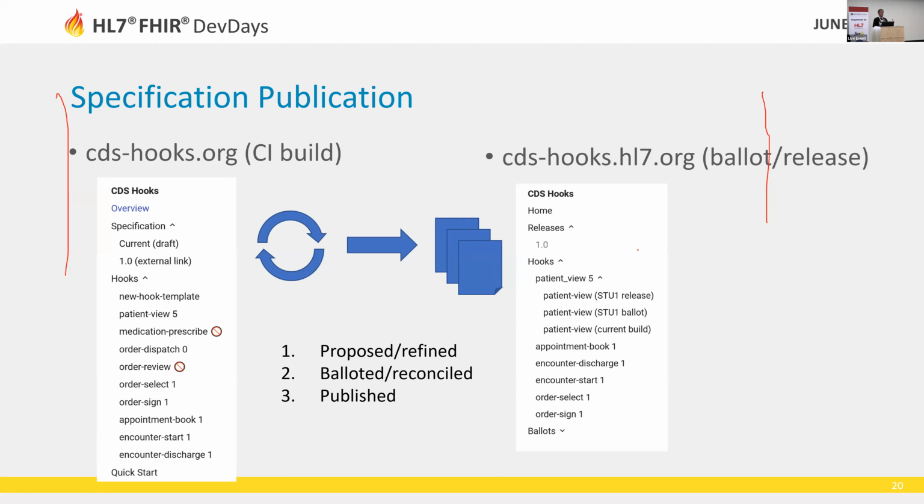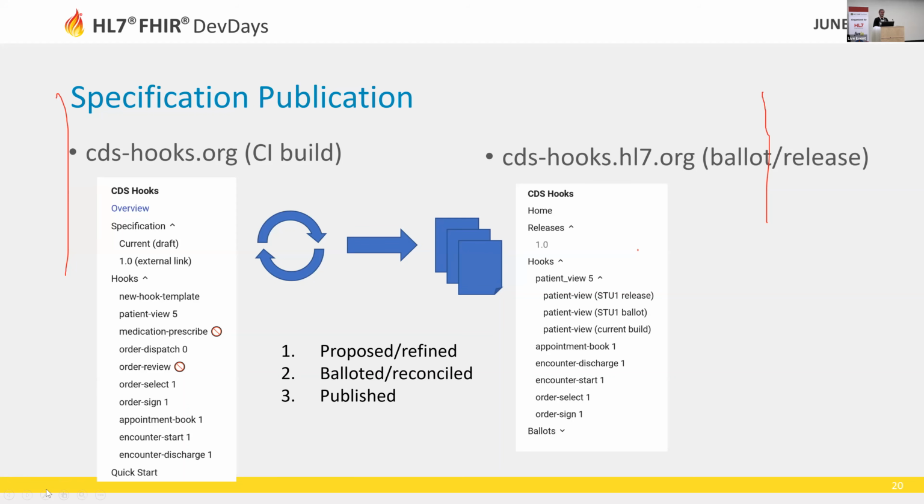So what's currently available on GitHub, CDS Hooks docs, that's the latest build. It's constantly changing as we make changes and apply those. What's actually published on hl7.org is ballot and release content.